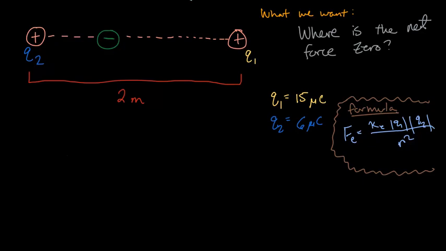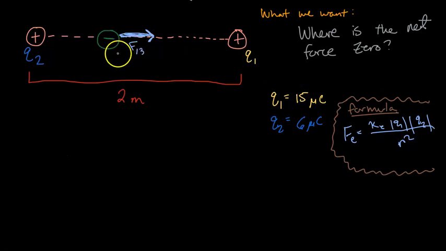And where the net force is 0, we're basically just looking for at what point in this 2 meters the two force vectors equal out. So on this side we will have one going this way, and this one is the force of 1 on 3.